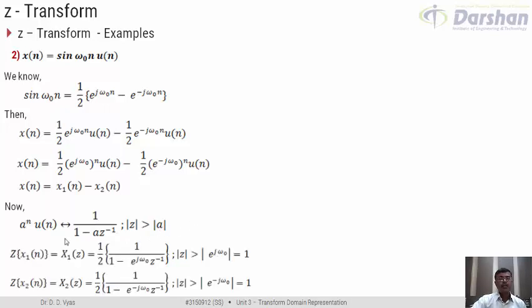So X1(z) would primarily be 1 upon 1 minus e raised to power j omega 0 z inverse with multiplying factor of 1 by 2 coming as it is, with ROC mod z greater than 1, and X2(z) would again be 1 upon 1 minus e raised to power, in this case, minus j omega 0 z inverse with ROC mod z greater than 1.